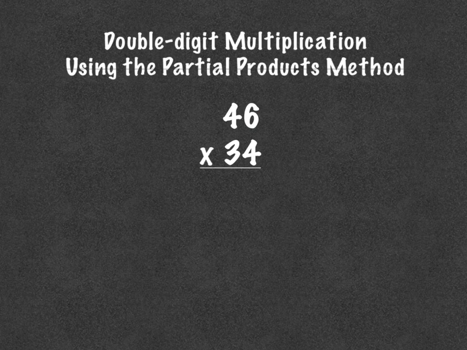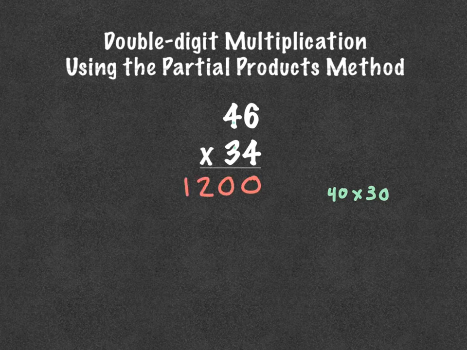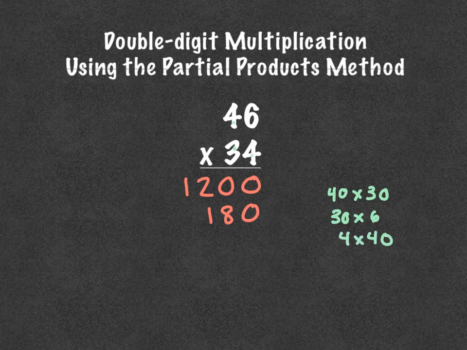All right, let's try another one. We're going to multiply these two large place values first. So we've got 40 times 30. 4 times 3 is 12, and we need 2 zeros, so 1,200. 30 times 6 would be 180. 4 times 40 would be 160.